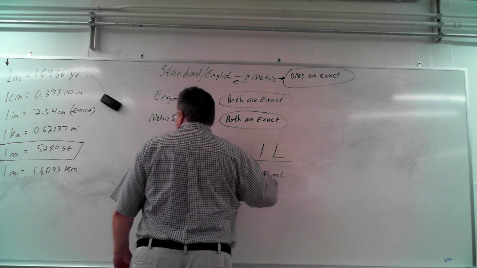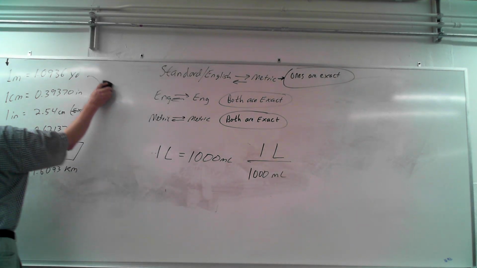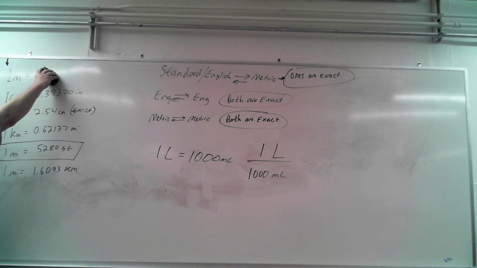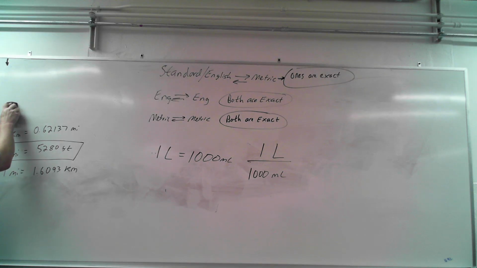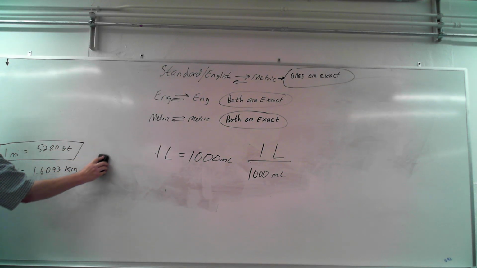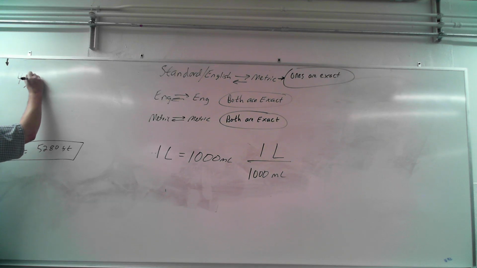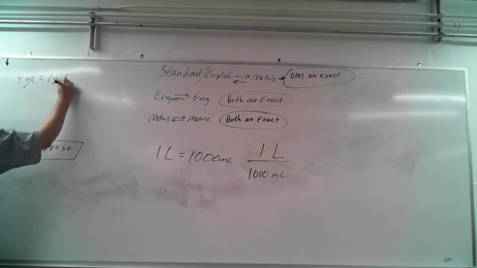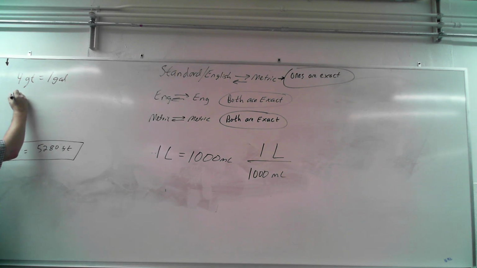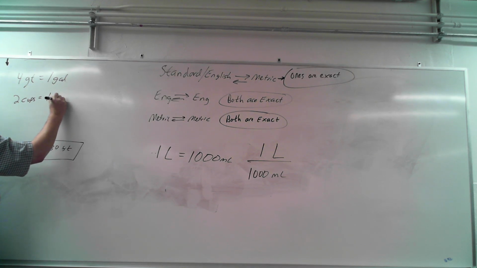For English to English, they're both exact. They're both exact because they're by definition, like 4 quarts equals 1 gallon. How many cups in a quart? Is it 2? I think it's 2.